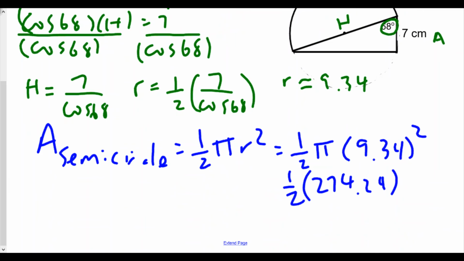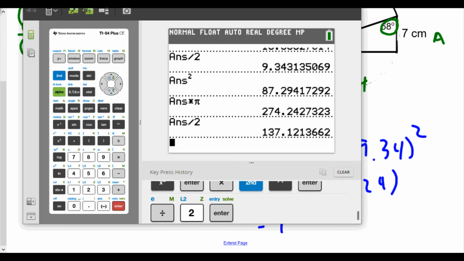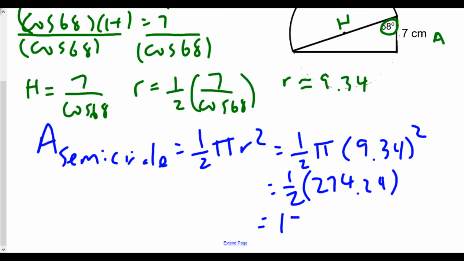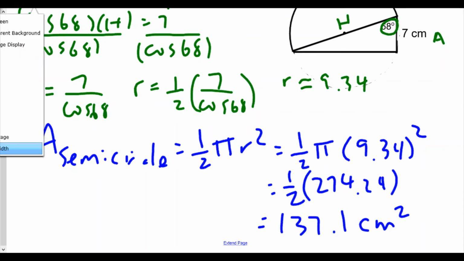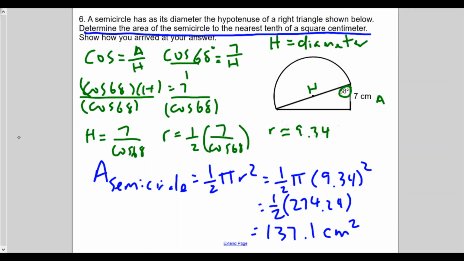So this is equal to 137.1 centimeters squared. I believe it was square centimeters, just to make sure, let me check the page. Yep, square centimeters. So our answer for all this is 137.1 square centimeters.